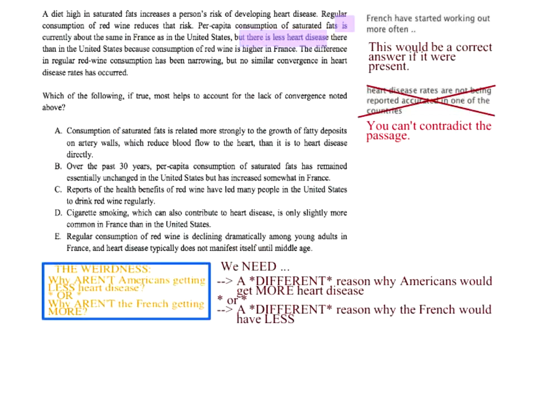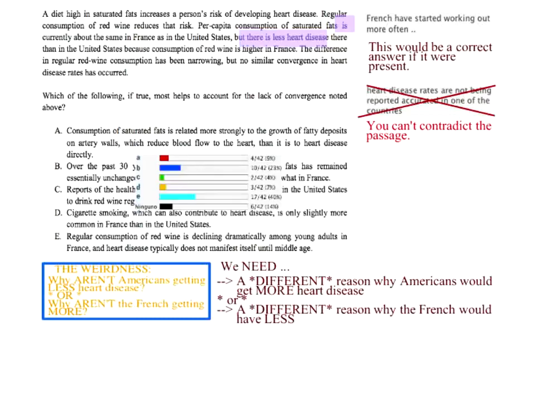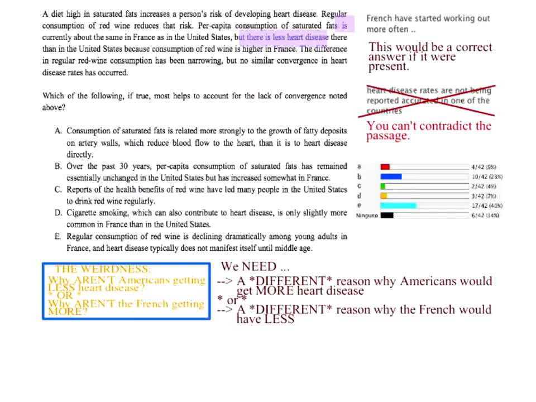So, well, let's look at these. The 2 most popular answer choices here, so the 2 that we really need to talk about, are B and E, because here's what you guys picked. Someone tell me a story about choice B. Does anybody know why choice B is not right?